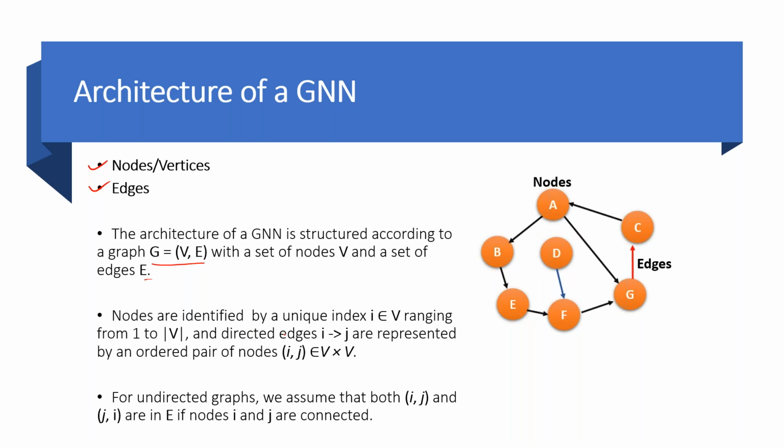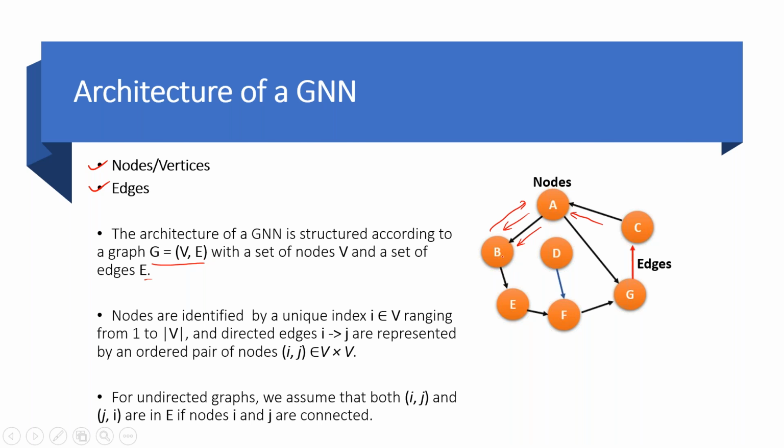And the directed edges, i to j, are present between multiple nodes. So there is a direction from, let's say, node C to node A, and from A to B. If I have to go from B to A, it's not possible because the directed graph shows the direction from A to B. These are a very basic understanding of a graph data structure.